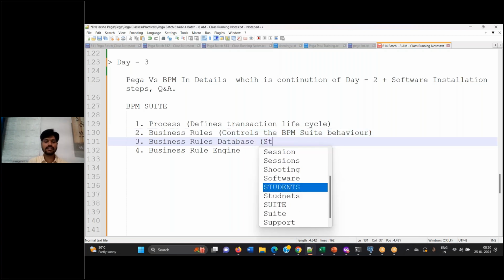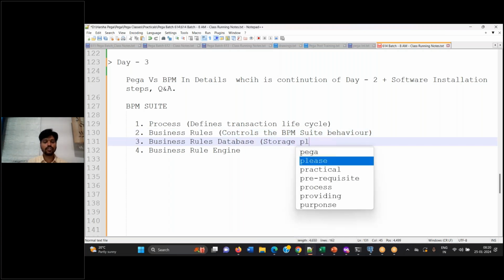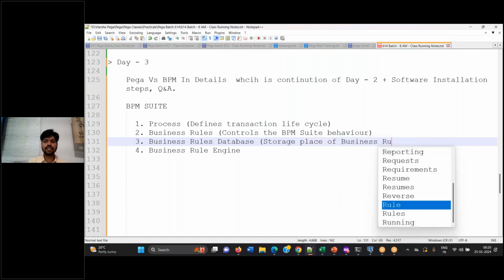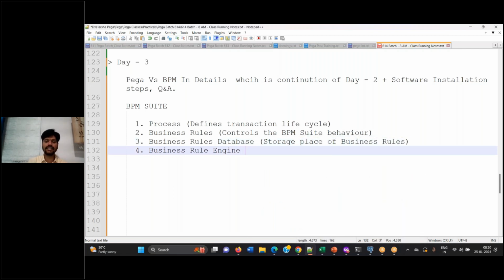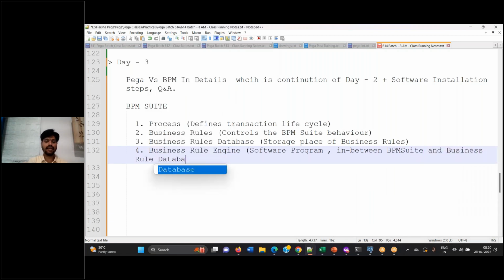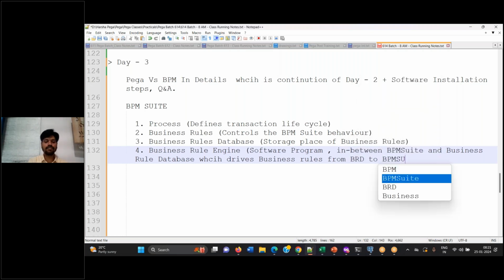The business rules database is the storage place of business rules. The business rules engine is a software program in between the BPM suite and the business rules database, which drives business rules from the business rules database to the BPM suite.